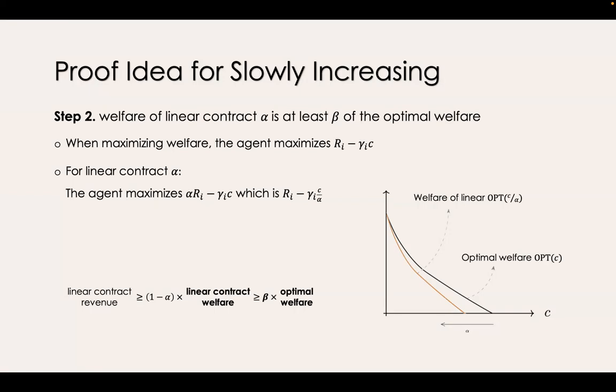And since scaling the types by a factor of alpha affects the cumulative distribution function by at most a factor of beta, by the slowly increasing condition, we have that the welfare of a linear contract is bounded away by at most beta of the optimal welfare. And this completes the proof.